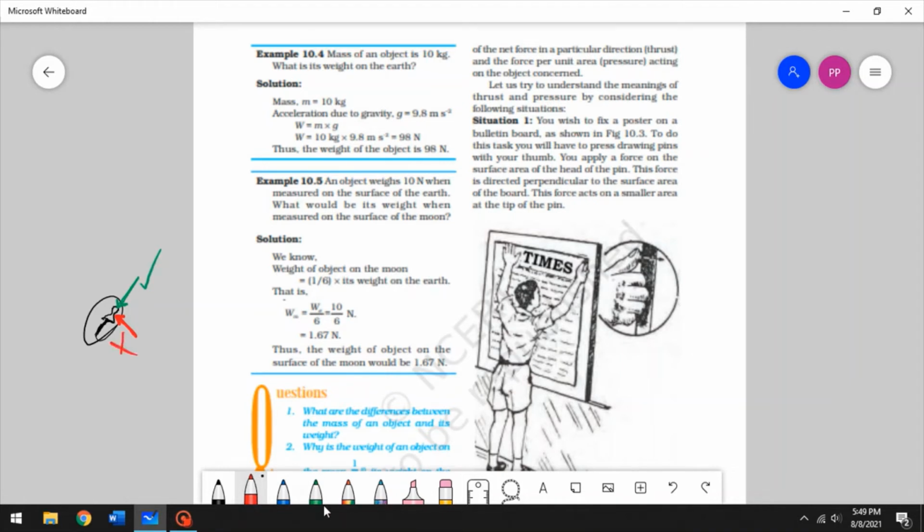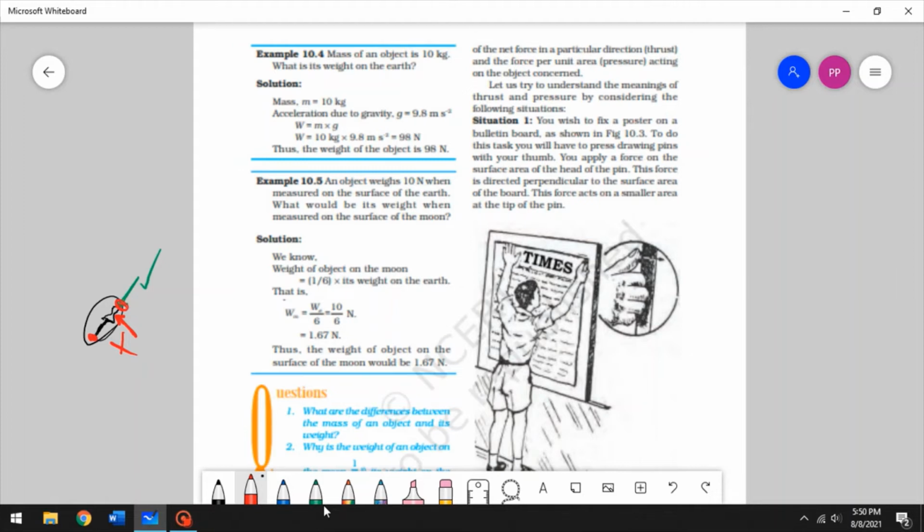Alright, so you use your thumb because it's directly proportional to the surface area of the board, and the force acts on a smaller area at the tip of the pin. This is a smaller area as compared to this being a larger area. So the force that you are exerting on this larger area is being acted upon by the bulletin board on the smaller surface area.